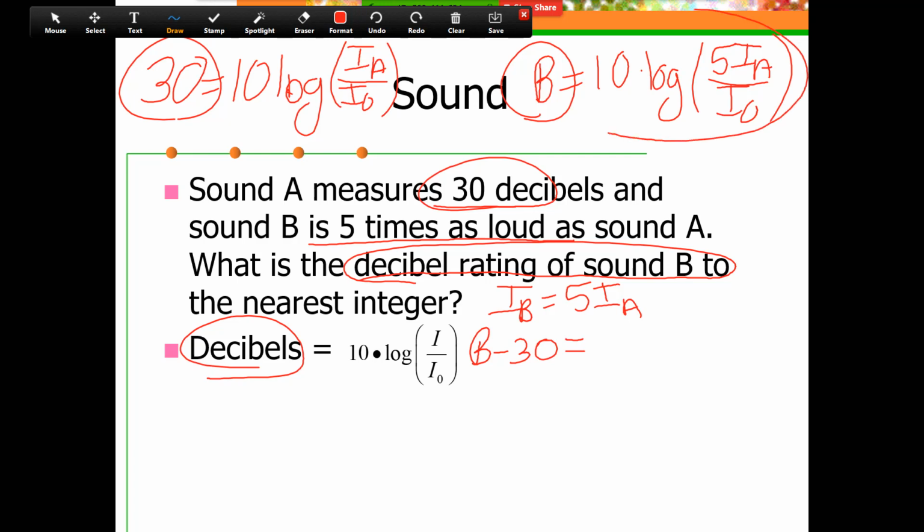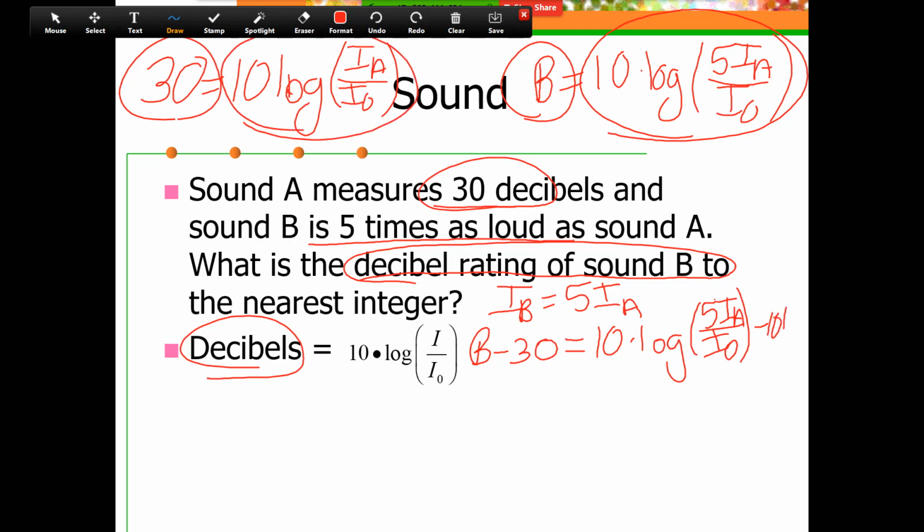So that's going to be this 10 log of 5 times the intensity of A over your initial intensity minus the other side over here, which is 10 log the intensity of A over the standard intensity.